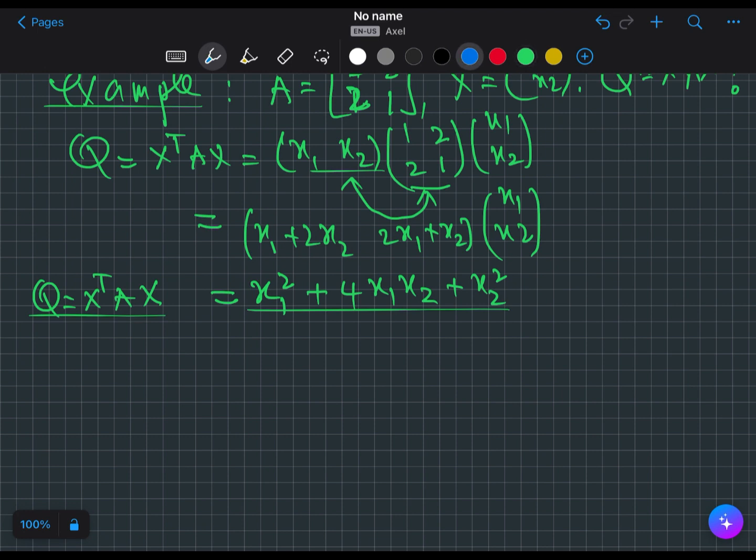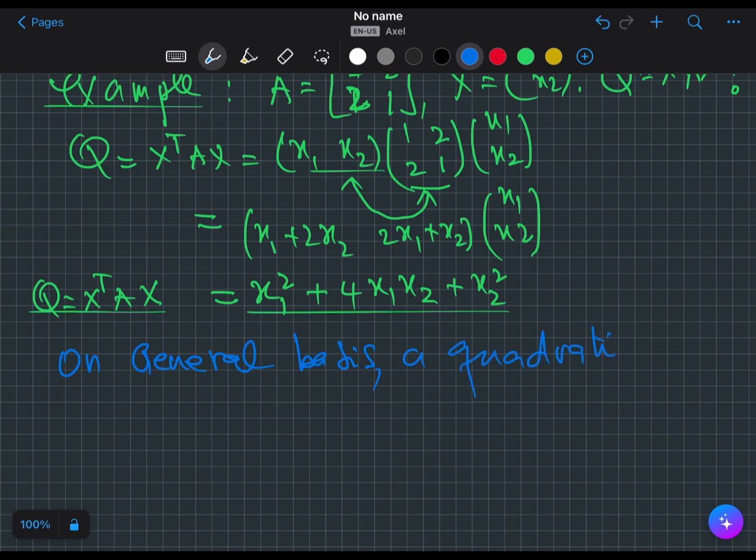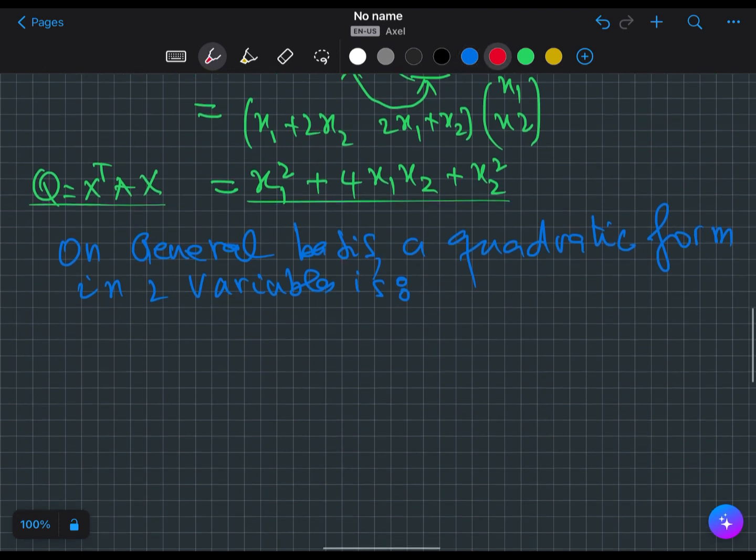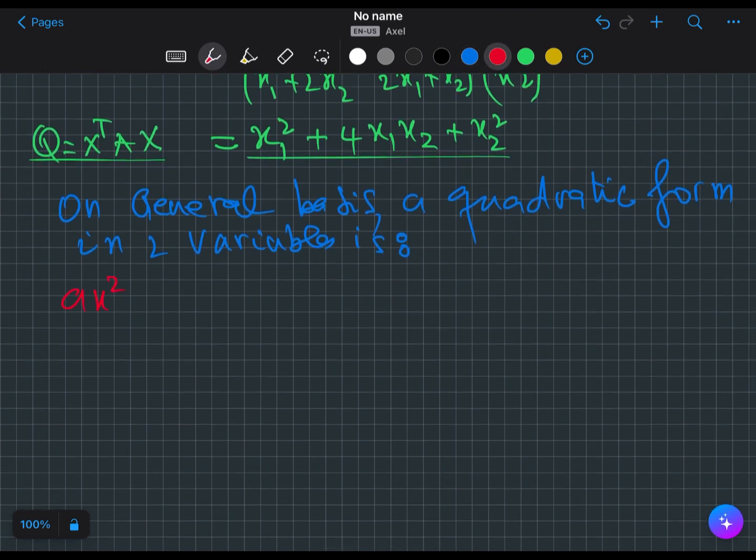So on a general basis, a quadratic form in two variables is written as ax squared plus 2bxy plus cy squared plus dx plus ey plus f equals 0, and we call this equation 1.